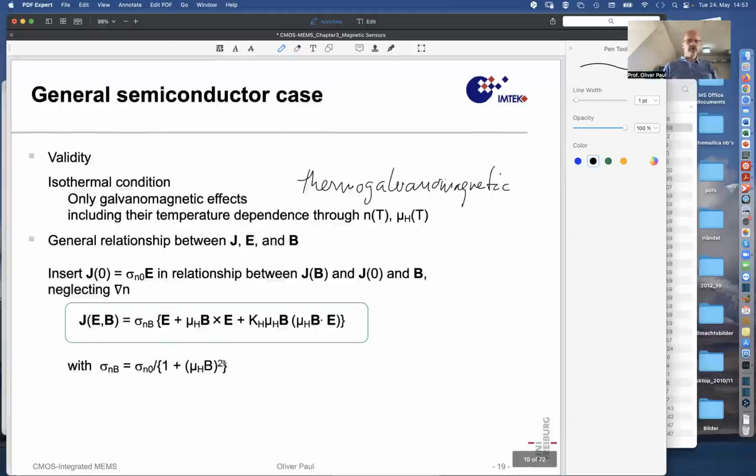So what are the conclusions? Well, first of all, if you would like to have the strongest possible galvanomagnetic effect, the strongest Hall effect, then clearly mu H should be maximized. For a given B, making mu H larger makes this effect larger in comparison with what you have without the B field.